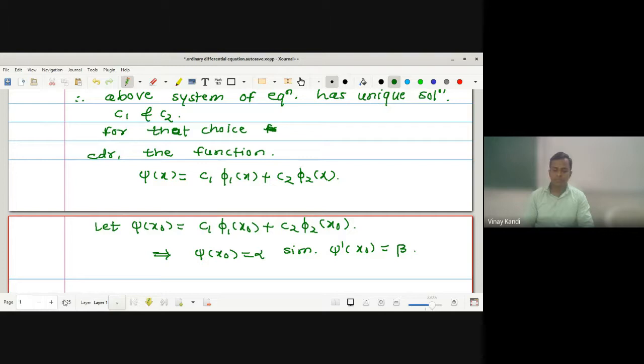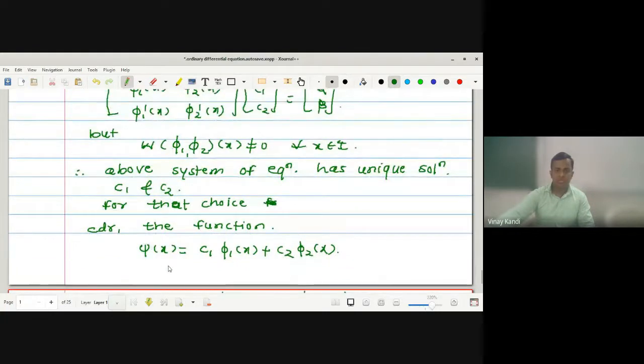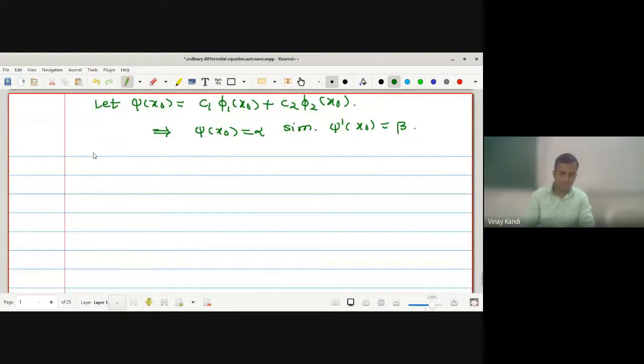And also psi is the solution of L of y. And also we have L of psi is equal to 0. Why? Because psi is the solution.